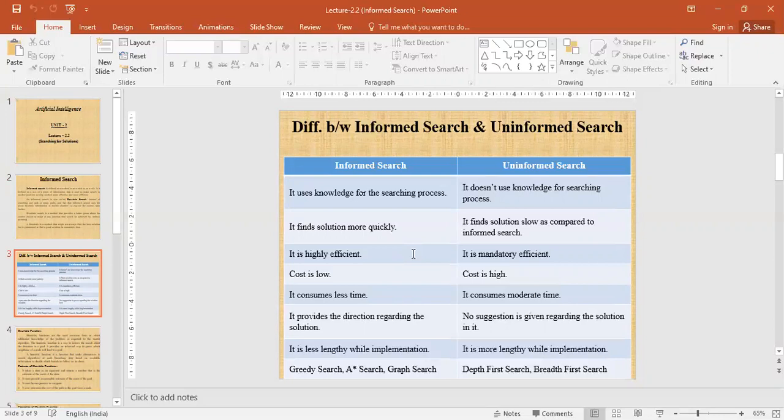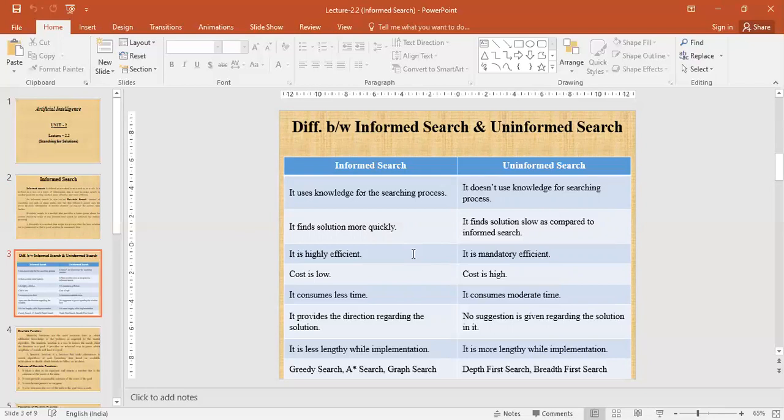Uninformed search finds solutions slowly as compared to informed search. Informed search is highly efficient. Uninformed search is mandatory efficient. In informed search, cost is low, and in uninformed search, cost is high. Informed search consumes less time and uninformed search consumes moderate time.